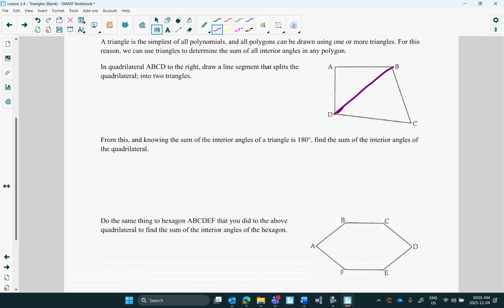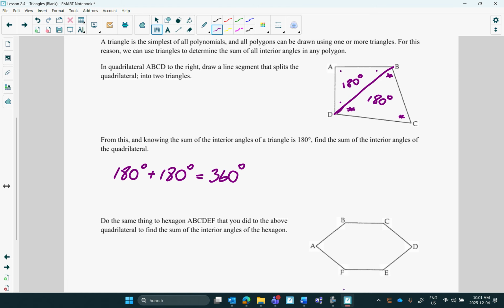So all we have to do is 180 degrees plus 180 degrees is 360 degrees. Because these add up to 180. These add up to 180. So all the angles together, the interior angles, must add up to 180 plus 180.